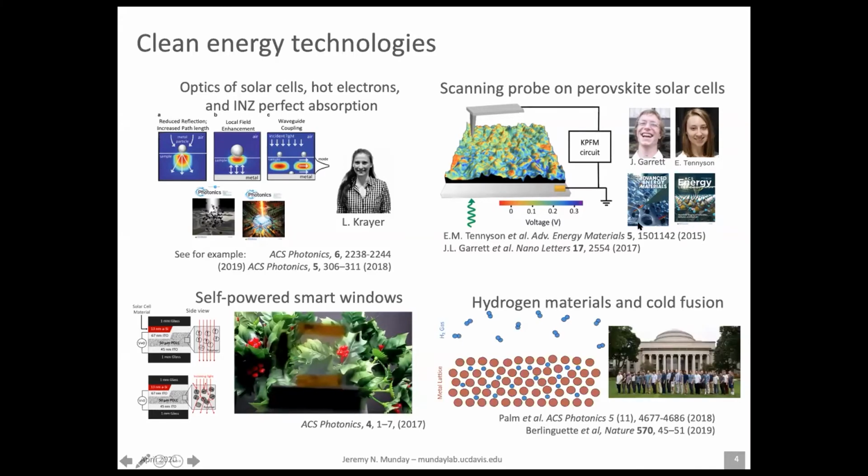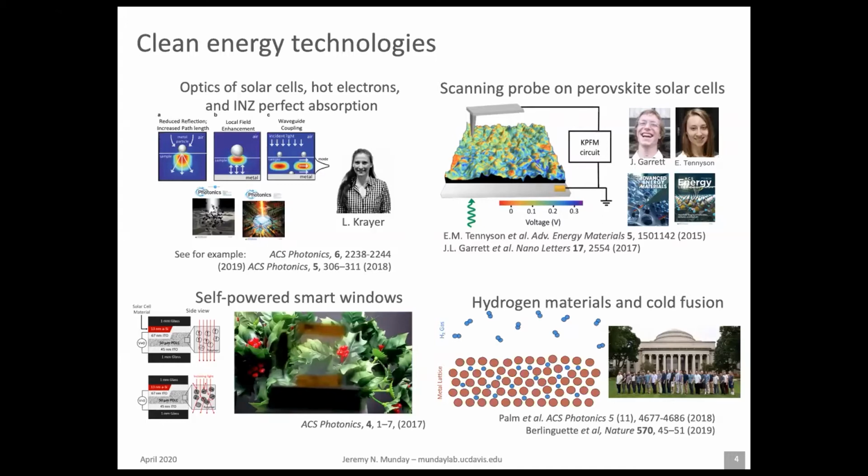And then finally, we've been doing work on hydrogen materials, which are useful for fuel cells and more traditional things like that. But there's also been a recent resurgence. We've been looking into the phenomenon of fusion and lower energy reactions of different types of hydrides. This is a collaboration between my group and those at MIT, Lawrence Berkeley National Lab, and the University of British Columbia.